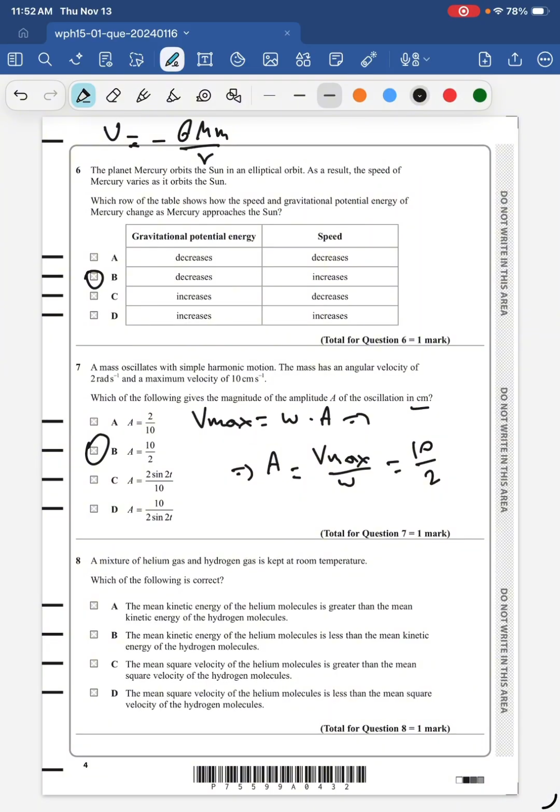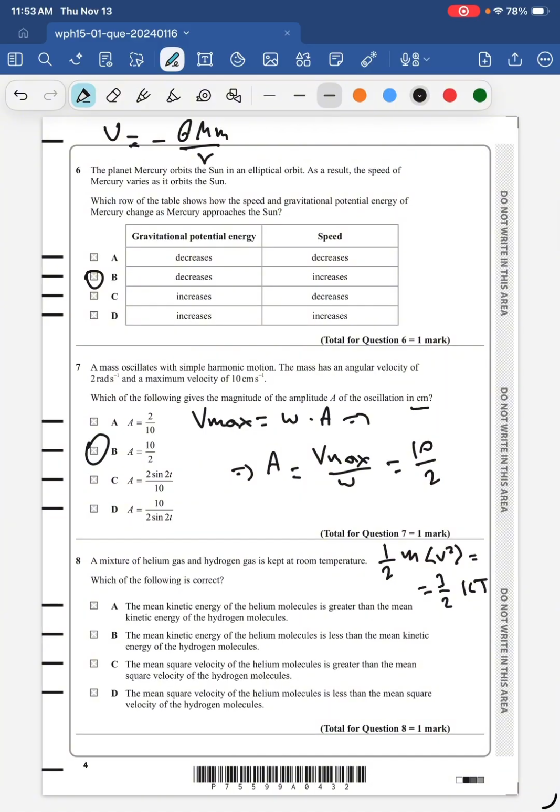I'm sorry, I confused you. Anyway, I'm pretty much thinking of this formula. The mean kinetic energy is given by 3/2 kT, right? So since the temperature is the same for both molecules, then A is wrong.